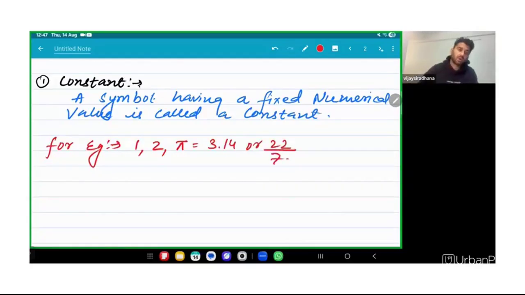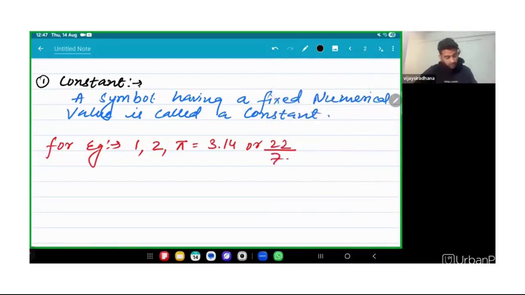These are also constants. It can also be any natural number or the integers.